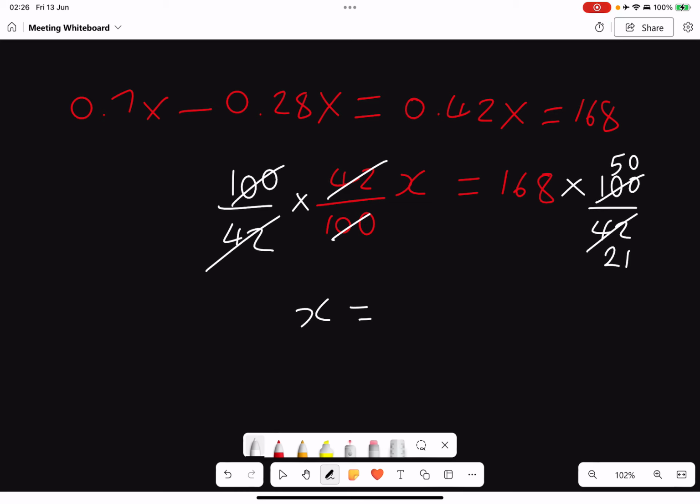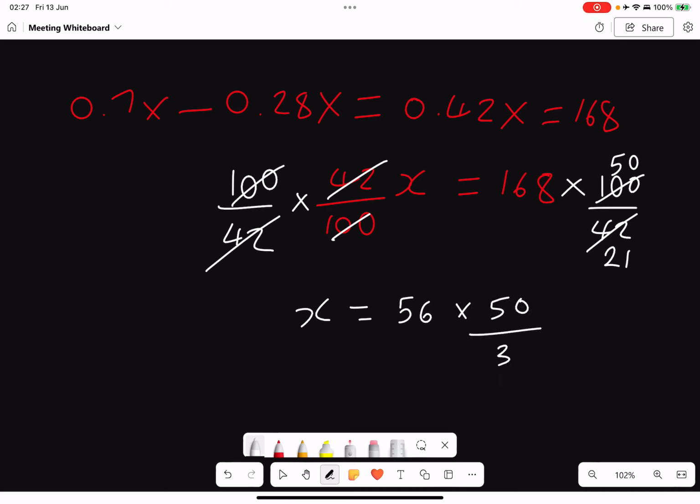And then let's see if there's anything common between 168 and 21. Is there anything common? Let's see, 3, yes, 3 can go into both. It goes 56 times into 168, and then here I have 21 over 50.